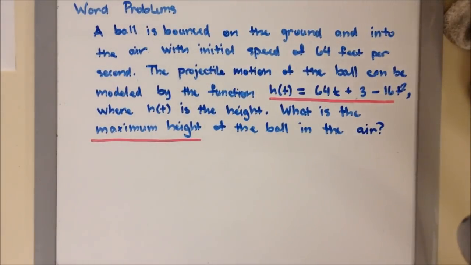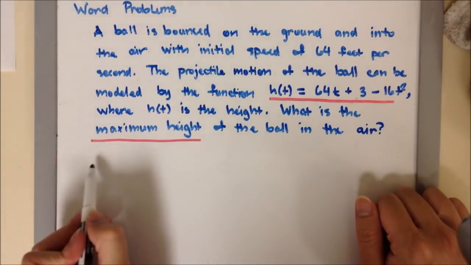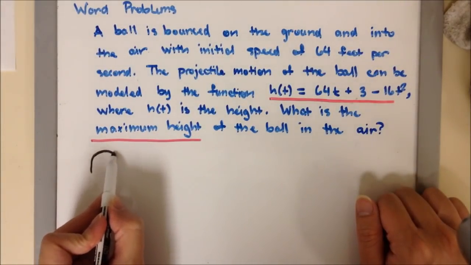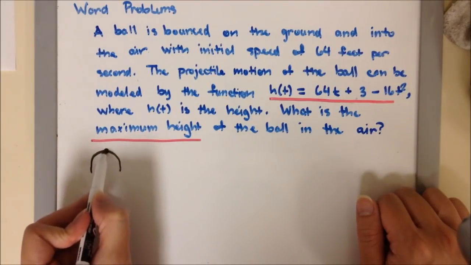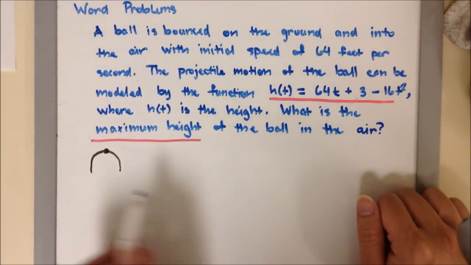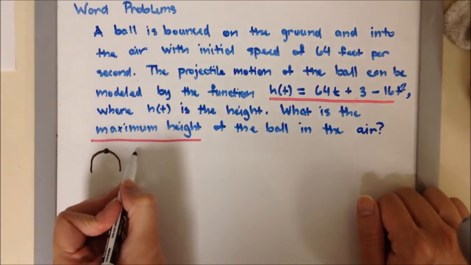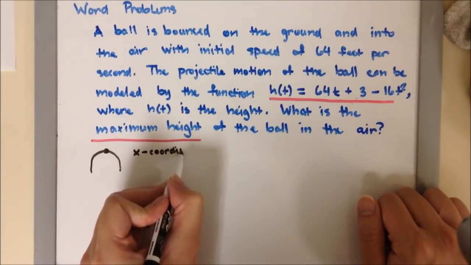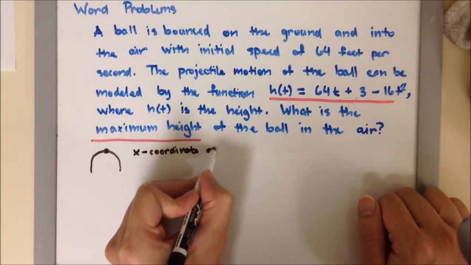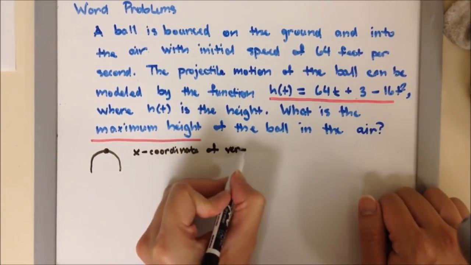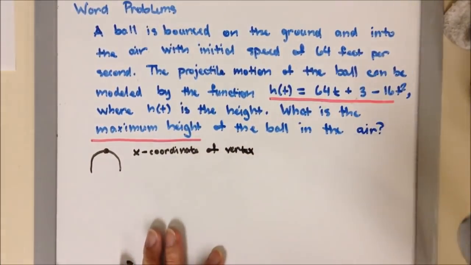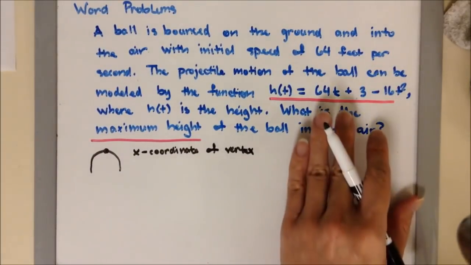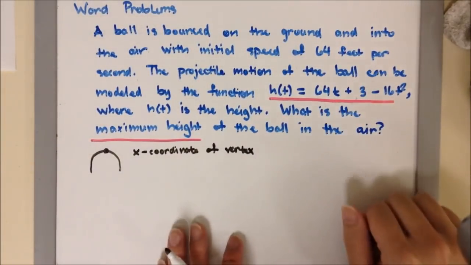In order to find maximum height, you would first need to find the x-coordinate of the vertex, because the graph will be a parabola like this, where the maximum is in the middle of the function. So even though I said x-coordinate of vertex, we will be working in the variable t.